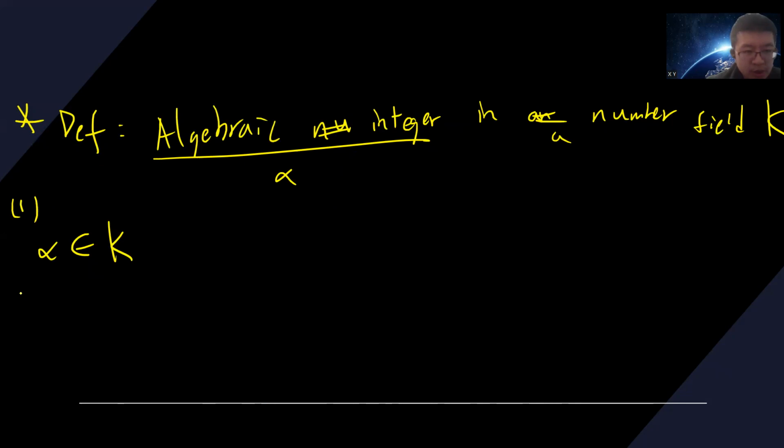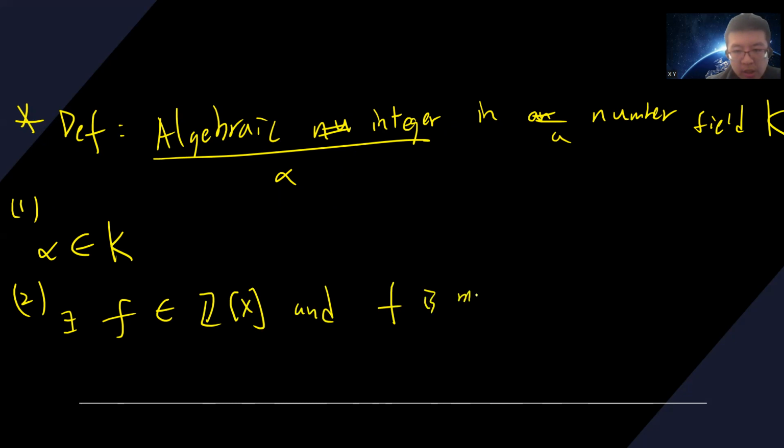One is that alpha belongs to K. The second is that there is a monic polynomial f in Z[x], such that f(alpha) is zero. So simply speaking, it is an element in K that also satisfies a monic polynomial.